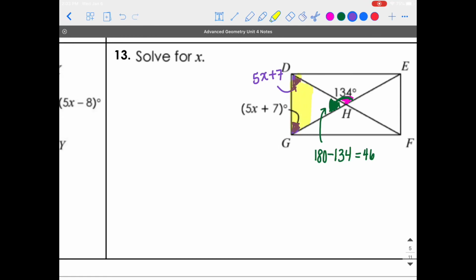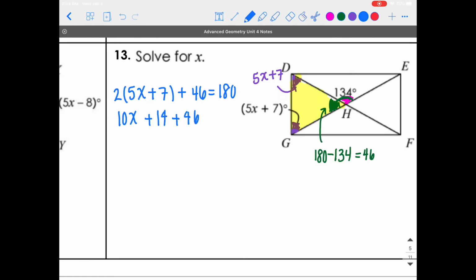And in a triangle, we have 180 degrees. So I would set that one up. I would probably do 2 times 5x plus 7 plus 46 equals 180. That's 10x plus 14 plus 46 equals 180.